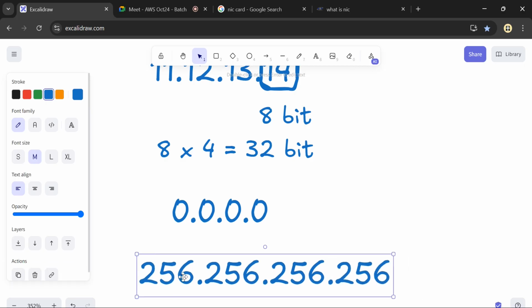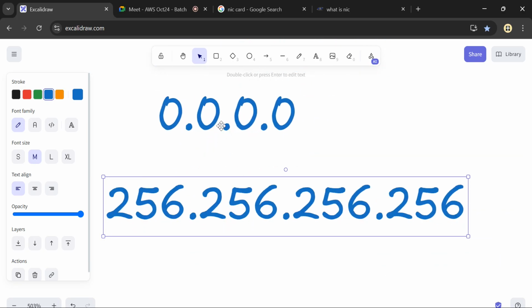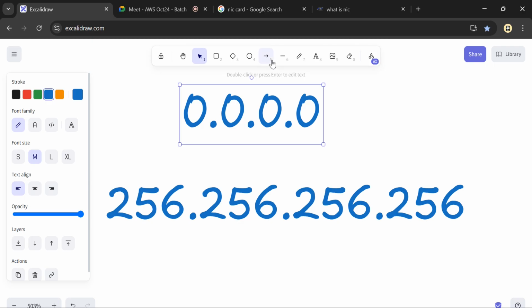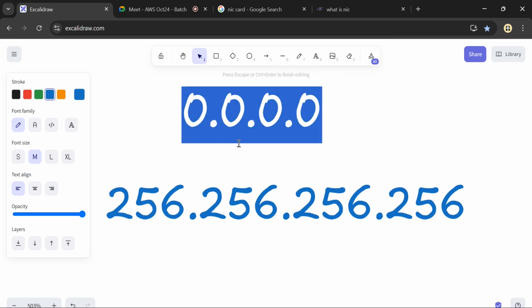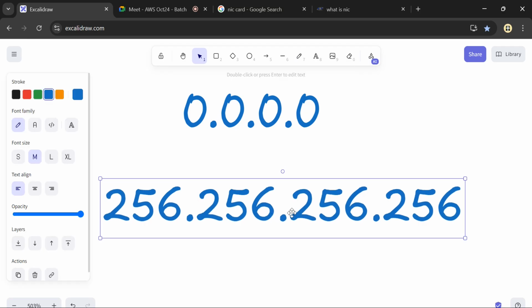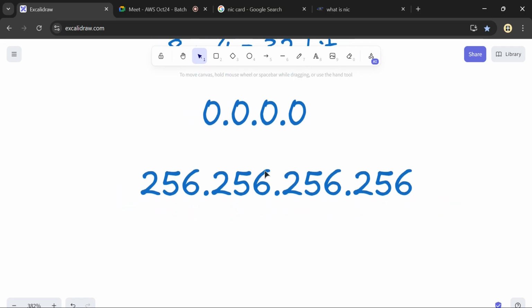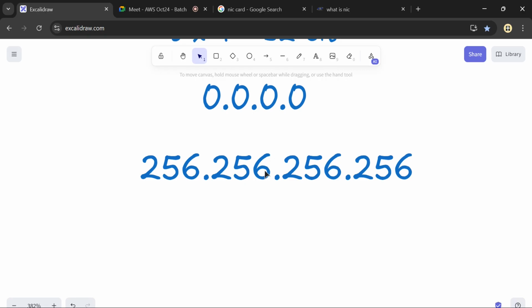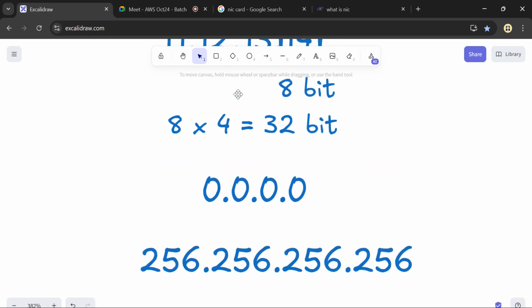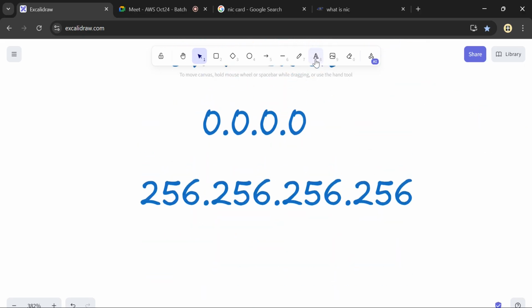Now you can just notice something: if you are talking about this range, from 0 to 256 dot 256 dot 256 dot 256, if we calculate the total numbers that can be formed from this combination, it is very limited, in some few crores. So this IPv4 that you have is a limited range of numbers.